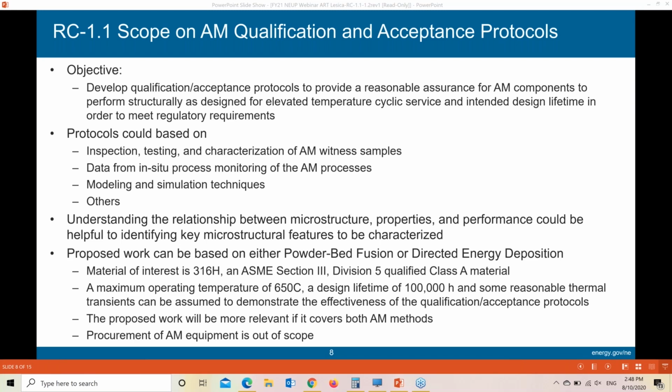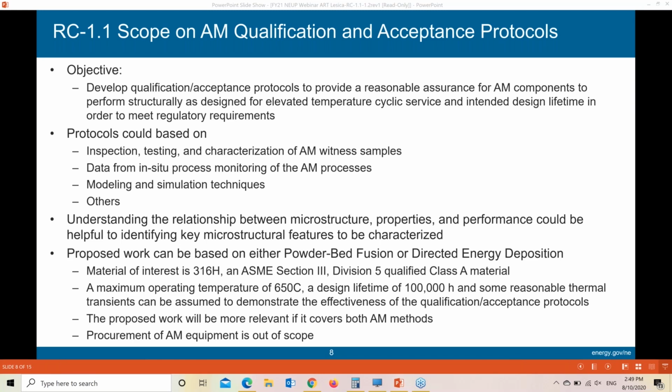Thank you. We're going to try to field one or two more questions before we need to cut off for the next presentation. How will the additive manufacturing work proposed here in RC 1.1 coordinate with NE5's NEAT crosscut advanced manufacturing program? The advanced manufacturing program has a much wider scope than what we're looking at here.